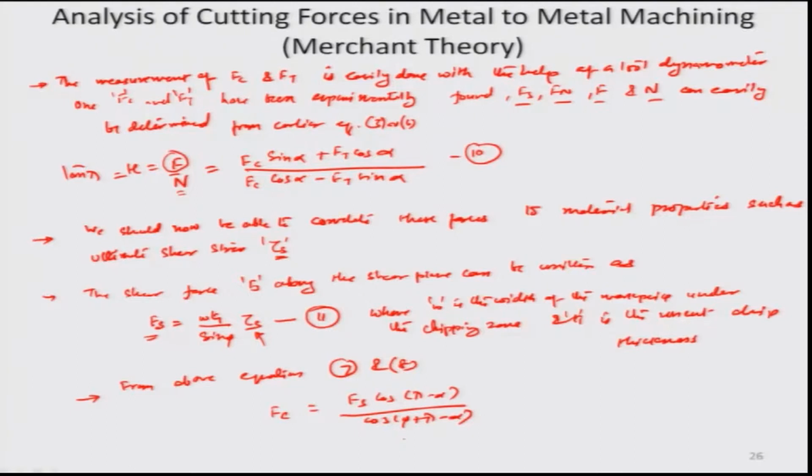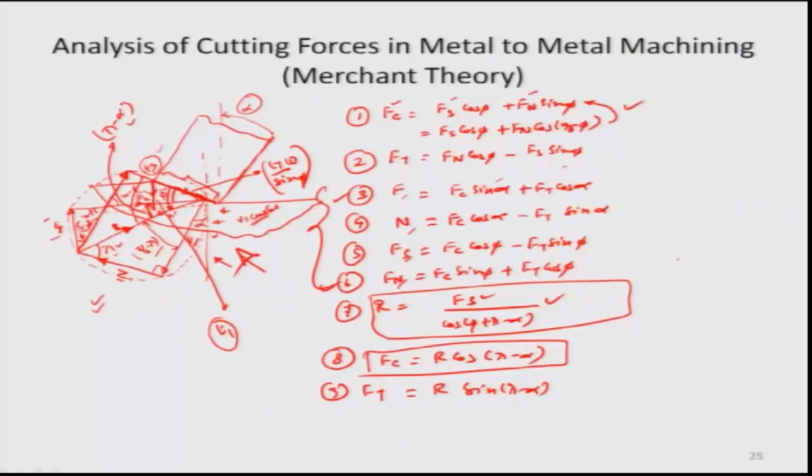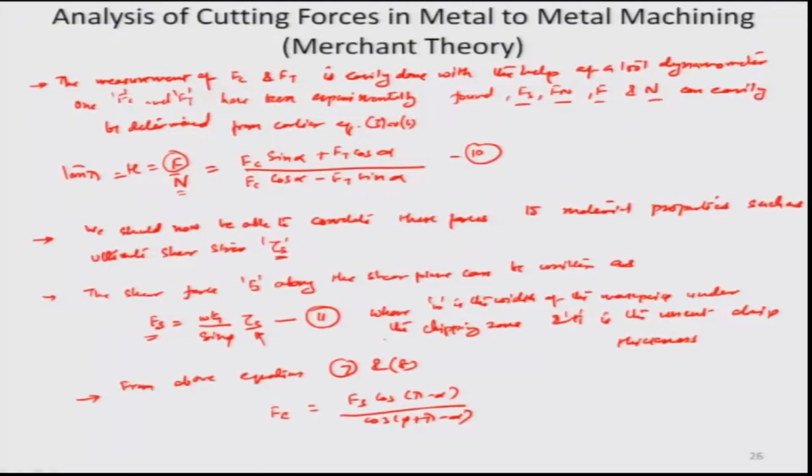Obviously, you have to put the value of R here. So, Fc becomes equal to Fs times cos lambda minus alpha divided by this whole term cos phi plus lambda minus alpha. Once this Fs is now defined by the earlier process with the material property and the geometry, I just plug this value here, so that it is completely independent of the forces.